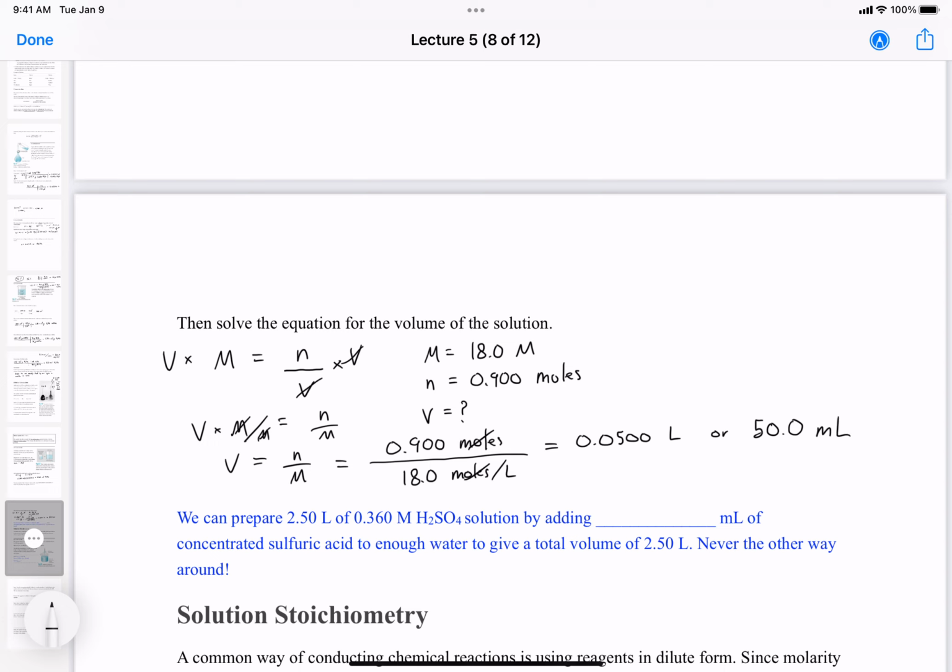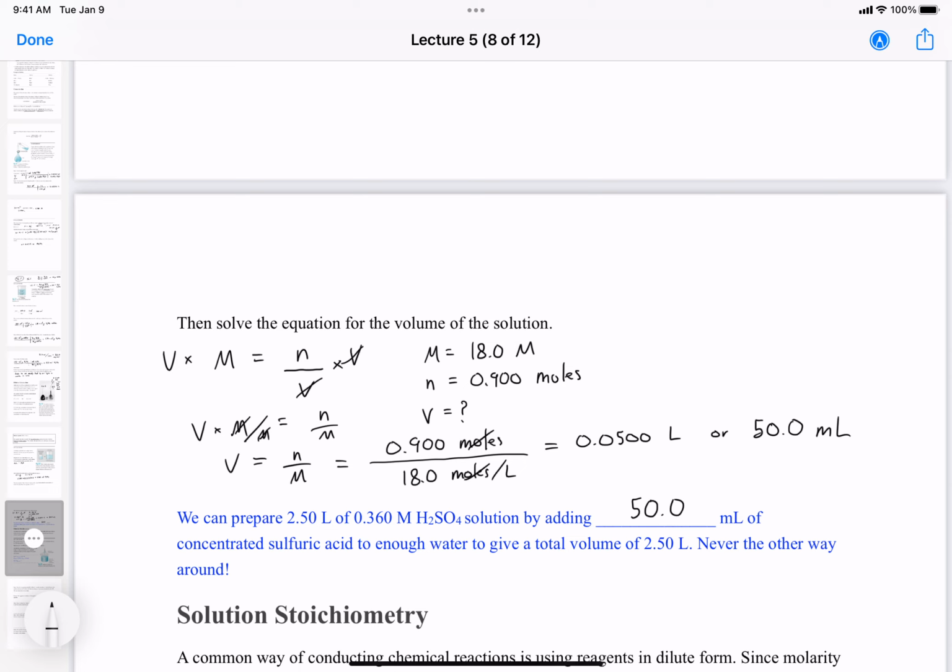Okay, so let's answer this question now. We can prepare 2.50 liters of a 0.360 molar H2SO4 solution by adding 50.0 milliliters of concentrated sulfuric acid to enough water to give a total volume of 2.50 liters.